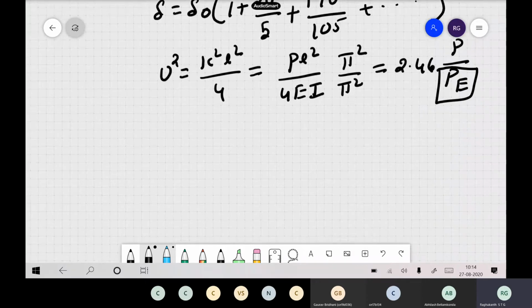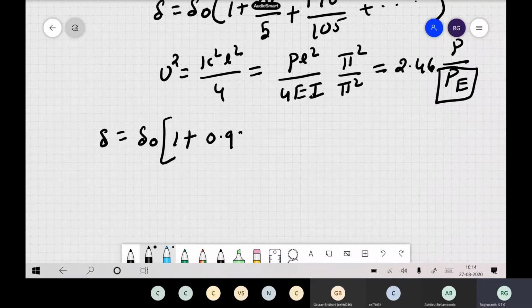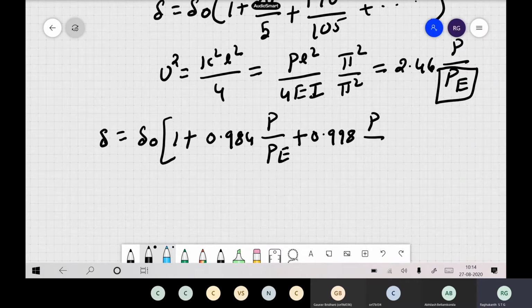Substituting nicely, delta over delta naught becomes 1 plus 0.984 P by PE plus 0.998 P by PE whole square. Like that you will get this term.